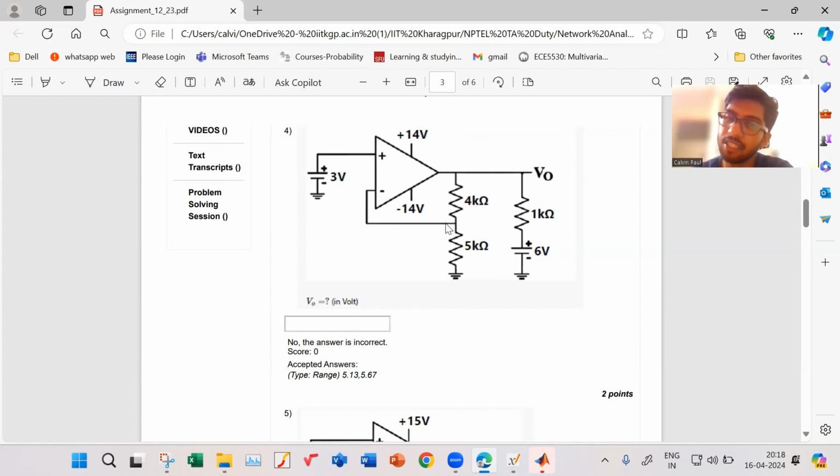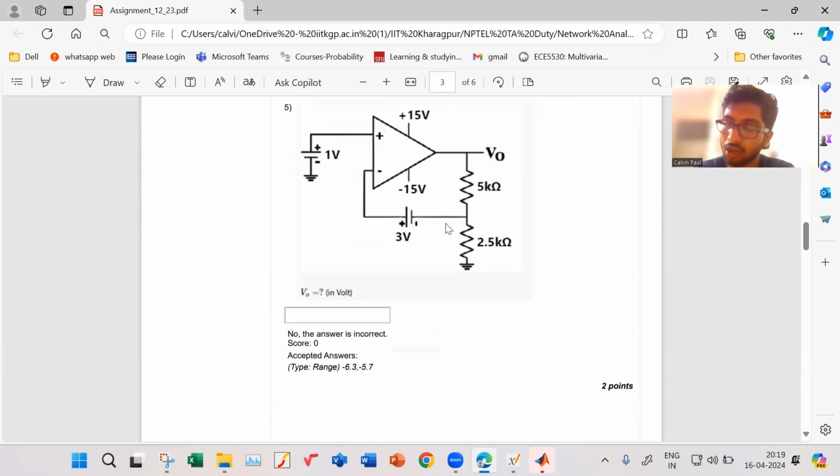If you apply KCL at V minus, you would not care what V out is, what the 6 volt is, or what the 1 kilo is, because they don't come in. You have to find V plus, apply KCL at V minus, and get your answer. That's how you must look for patterns, which pattern is recurring and used a lot. Then solving the sums becomes easy.